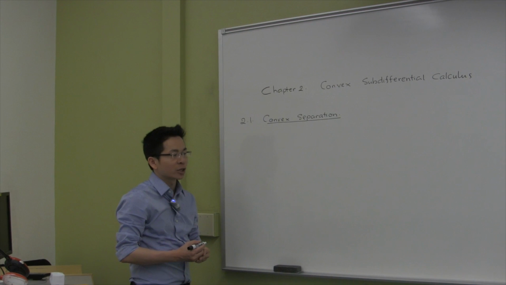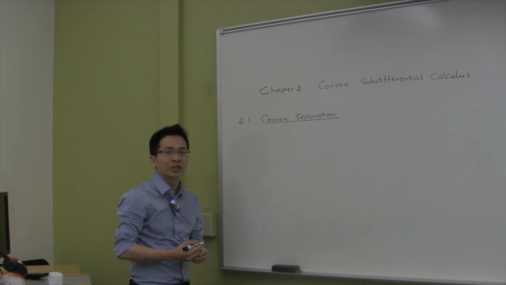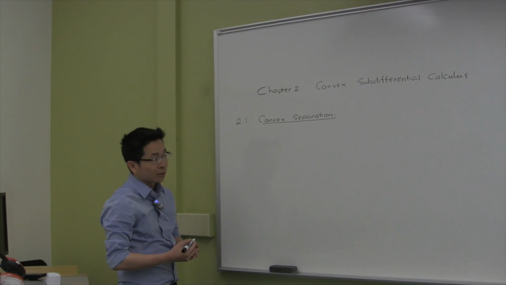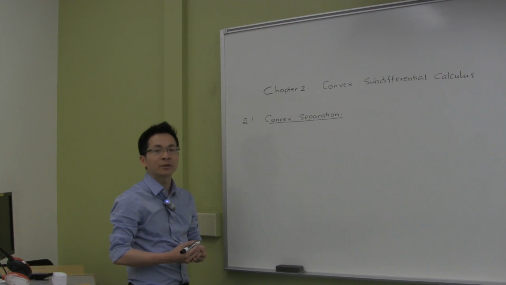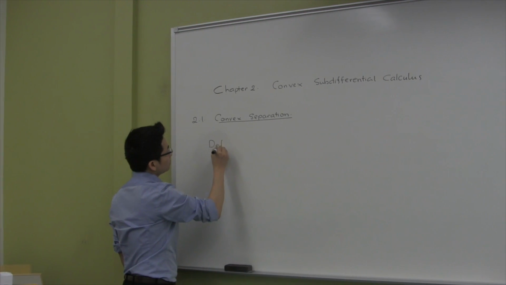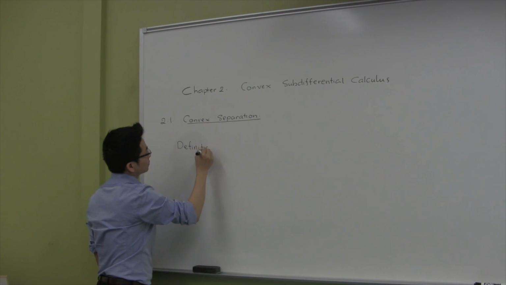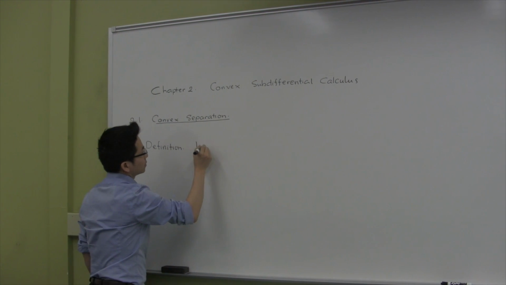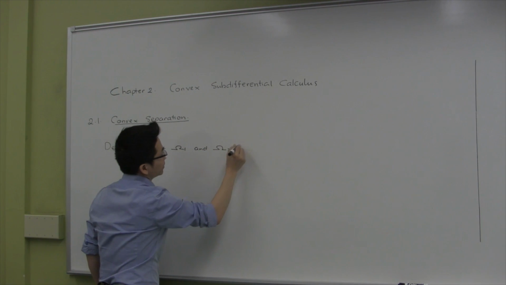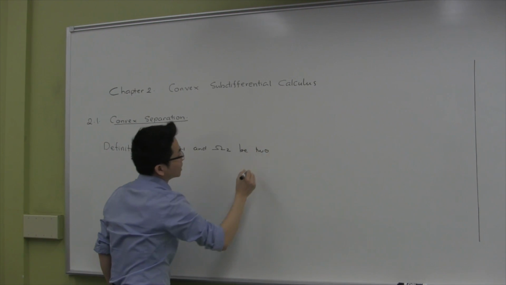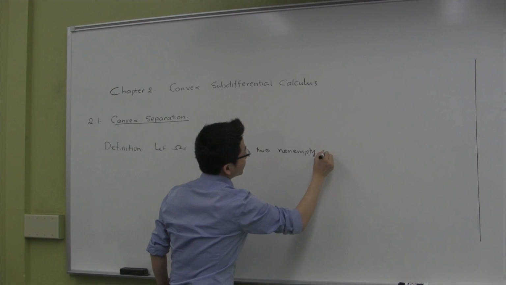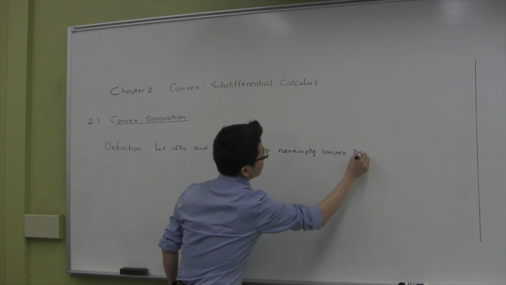In today's lecture, I'm going to talk about the proper separation property of convex sets in Rn. So let me go ahead and give the definition of proper separation. Let omega 1 and omega 2 be two non-empty convex sets in Rn.